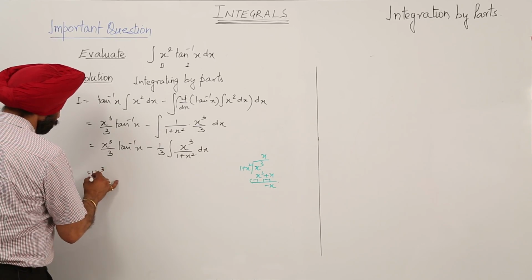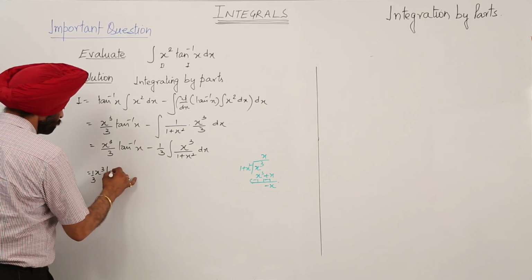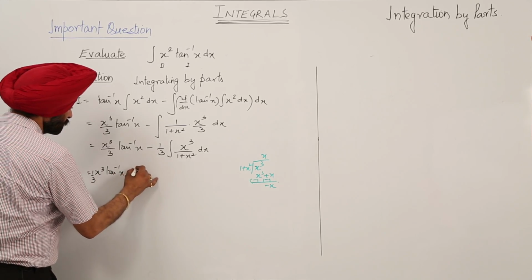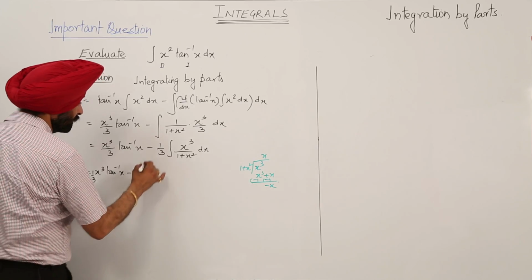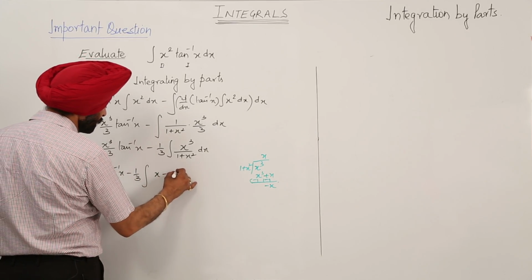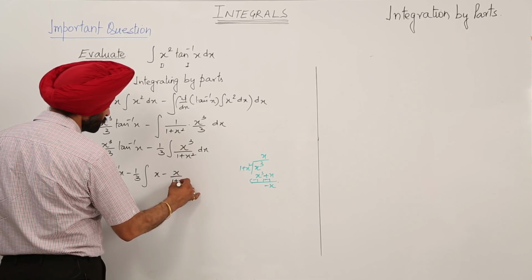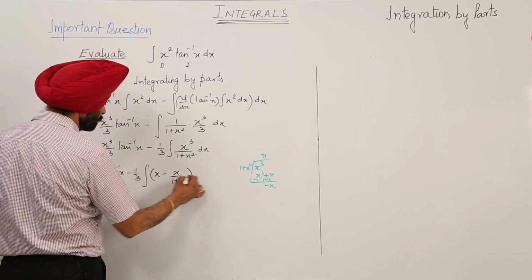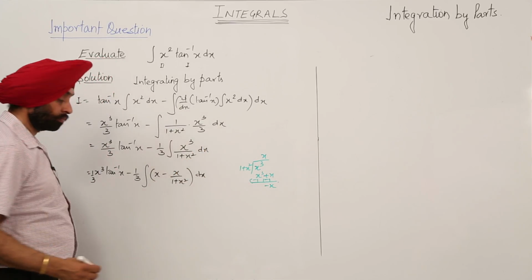1 upon 3 x cube tan inverse x minus 1 upon 3 integration of, now we can write it, x minus x upon 1 plus x square dx. Okay.